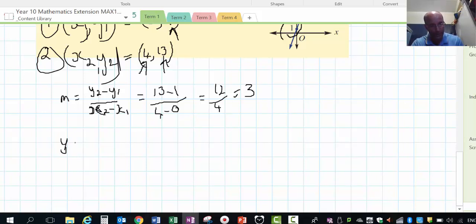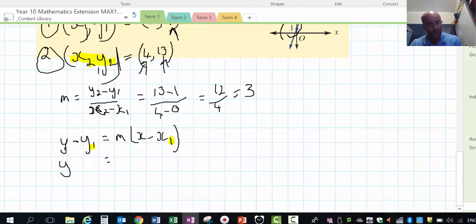Method 1 can be using that point gradient form. So y minus y1 equals m times (x minus x1). It just means that you use the m, the gradient, and one of the points given. It doesn't actually have to be (x1, y1). It can be any of the points given. I'm going to just show that it works by using this one. It doesn't literally have to be the first point, it just needs to be a point on the line, and (x2, y2) is on the line.